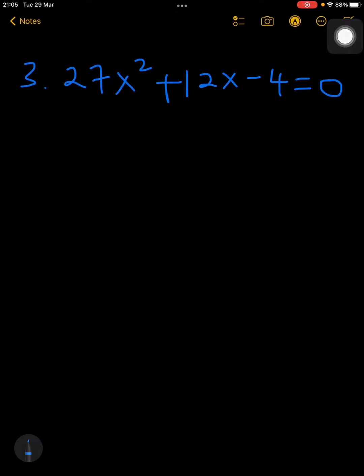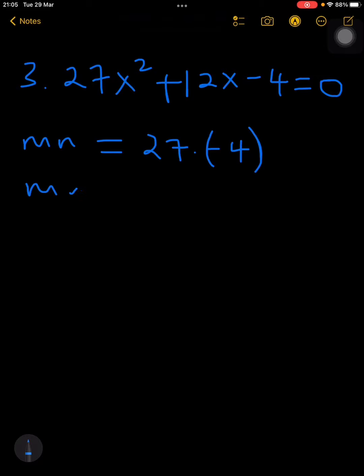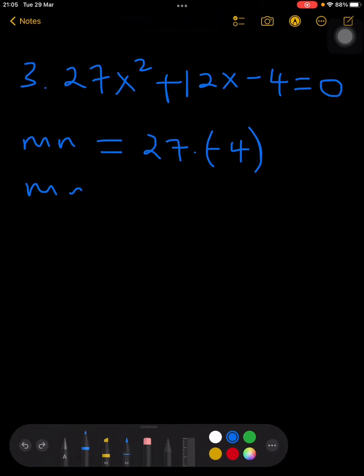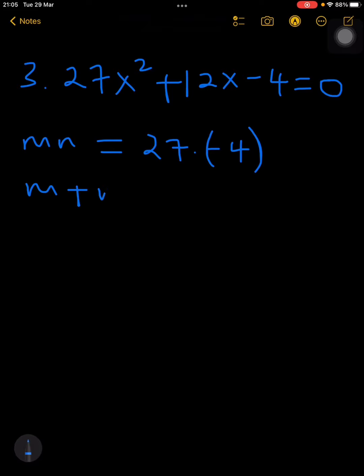Just the same way, which two numbers when I multiply, I will get 27 multiplied by negative 4, but when I add them, I should get 12. This is equals to what? Is equals to negative 108. So which two numbers when I multiply them, I get negative 108, but when I add them, I get 12.